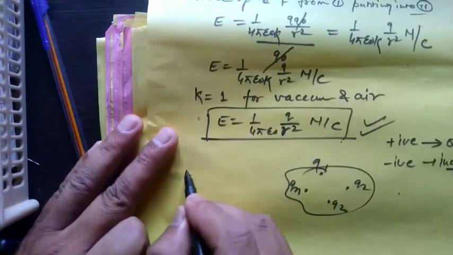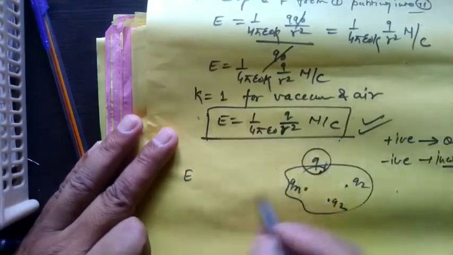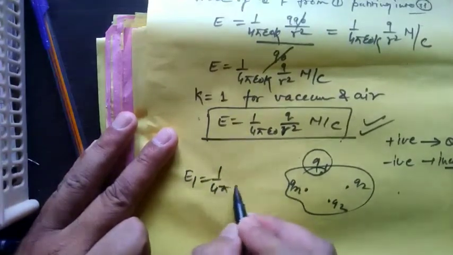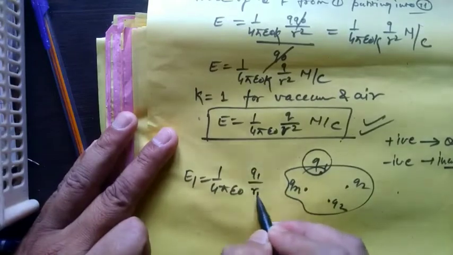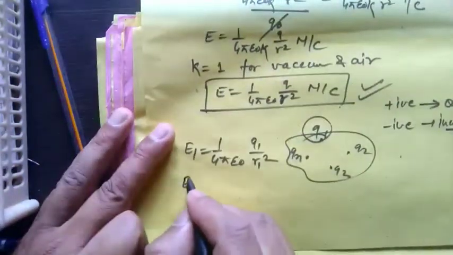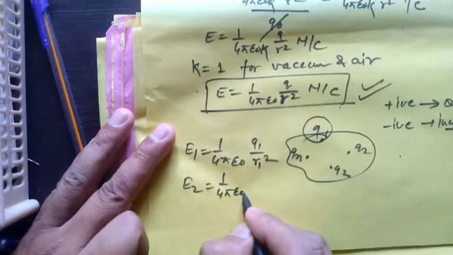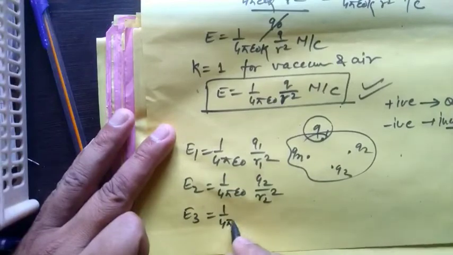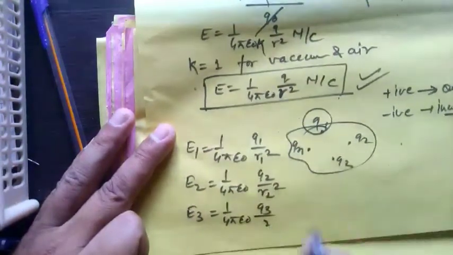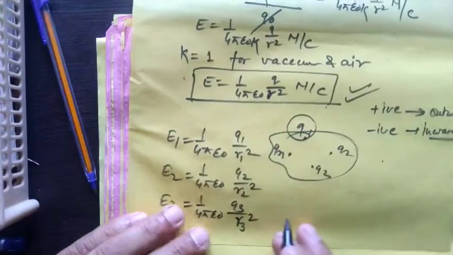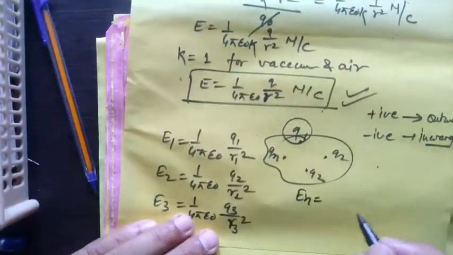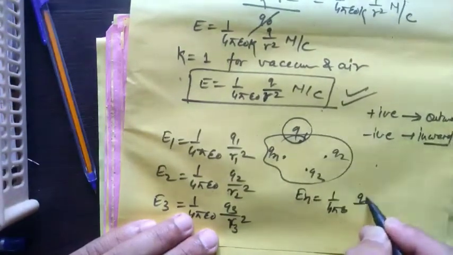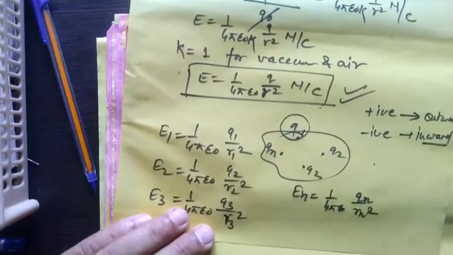Then the electric field intensity for the q1 charge is E1 equals 1 upon 4 pi epsilon naught, q1 upon r1 square, and for E2, q2 upon r2 square, and for E3, 1 upon 4 pi epsilon naught, q3 upon r3 square, and for n particles, 1 upon 4 pi epsilon naught, qn upon rn square.